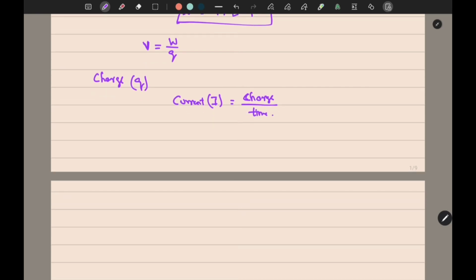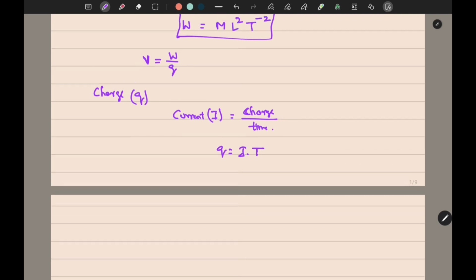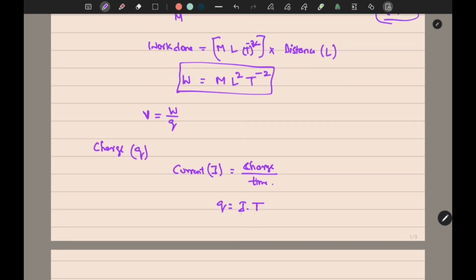So charge is equal to current into time. So we put this charge dimensional formula in this.